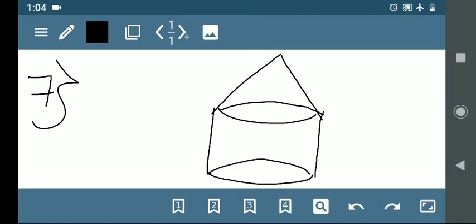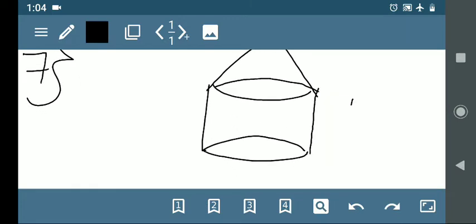The tent's top is in the shape of a cone. If the height and diameter of the cylindrical part are 2.1 meters and 4 meters respectively. Height of the cylindrical part is 2.1 meters.